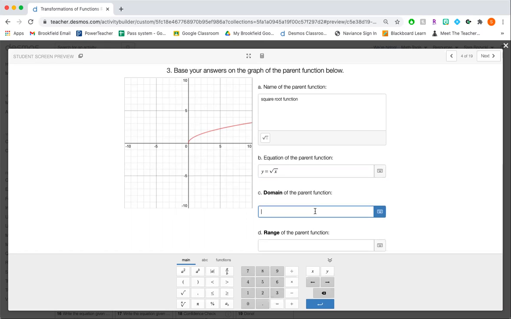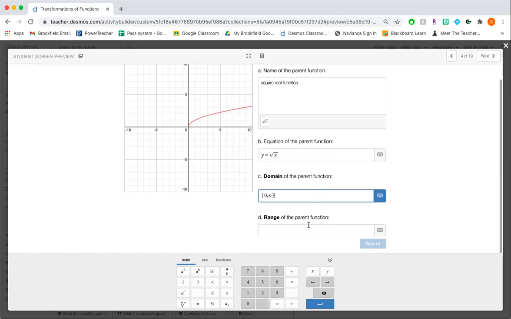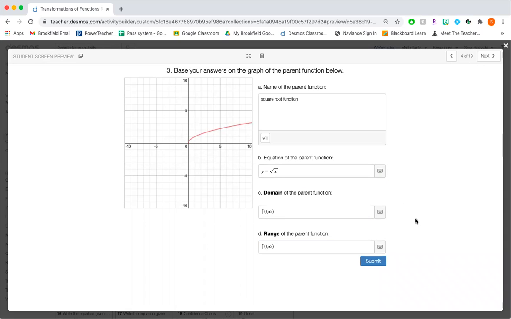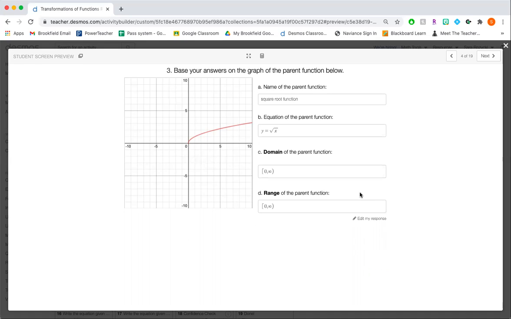The domain of the square root function starts at 0 and heads out to infinity. I don't have any negative numbers here, so it doesn't make sense to have negatives, and same with the range. The square root function is the one where the domain and range both change pretty constantly. Horizontal shifts and reflections will all change domain and range for the square root function.